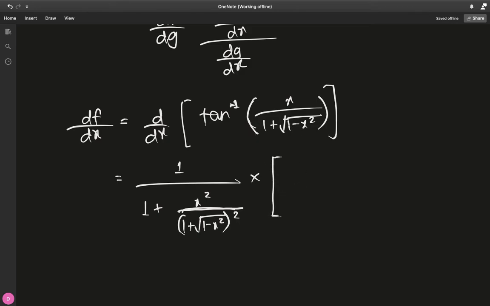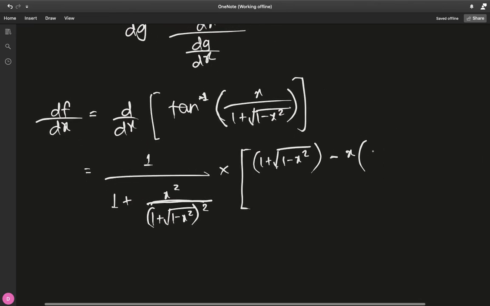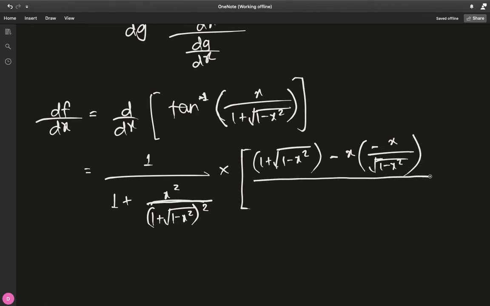So keeping the denominator as it is, 1 plus square root of 1 minus x squared, you differentiate x, which just turns out to be 1, minus, then have x as it is, then differentiate this inner part with respect to x, which, skipping a lot of steps, is negative x over square root of 1 minus x squared, because the 2's will cancel out, over the denominator squared, which is 1 plus square root of 1 minus x squared whole thing squared.